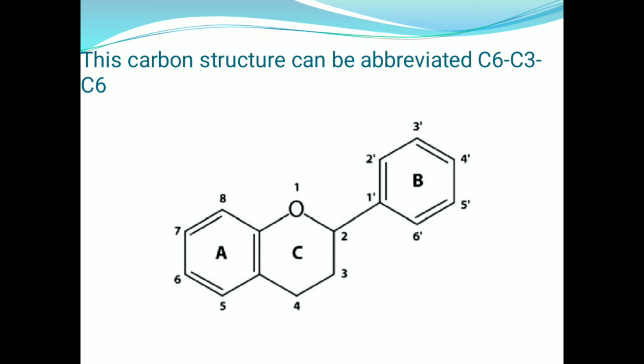Almost all flavonoids contain this type of 15 carbon skeleton structure. In this core structure, totally 15 carbon atoms are there.